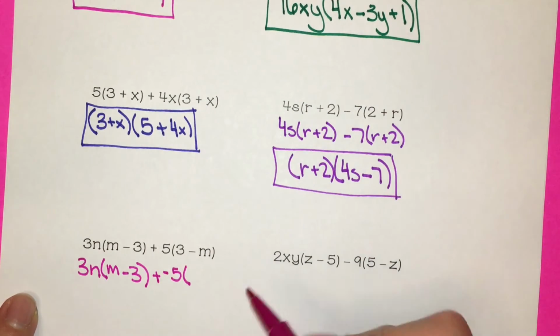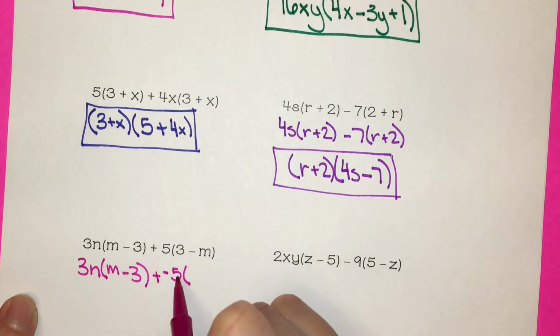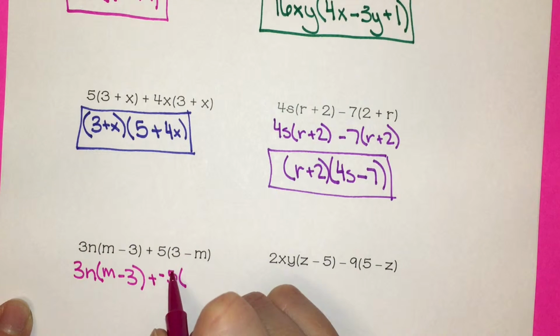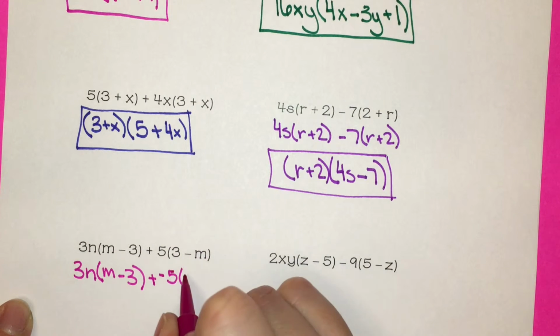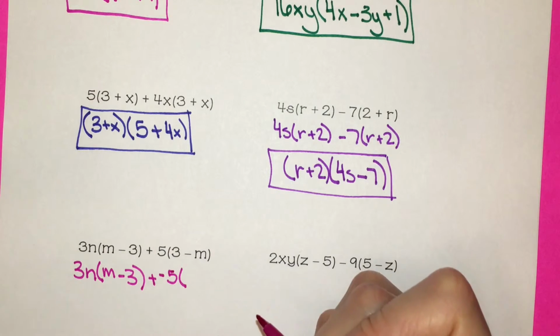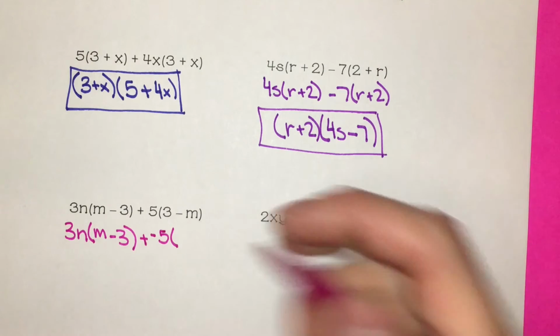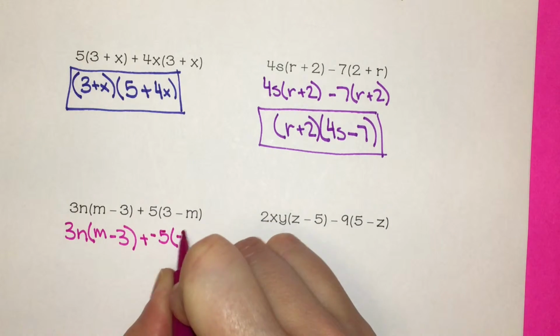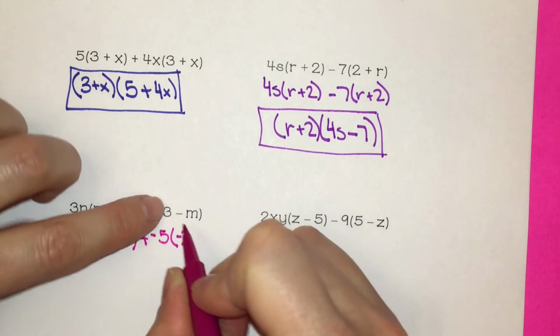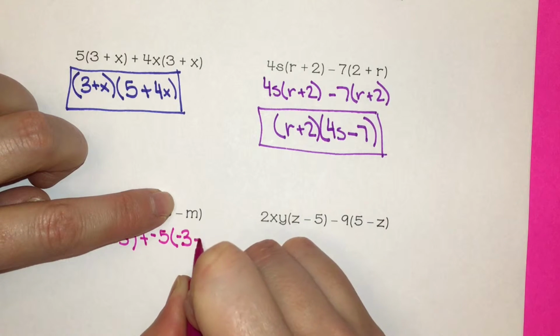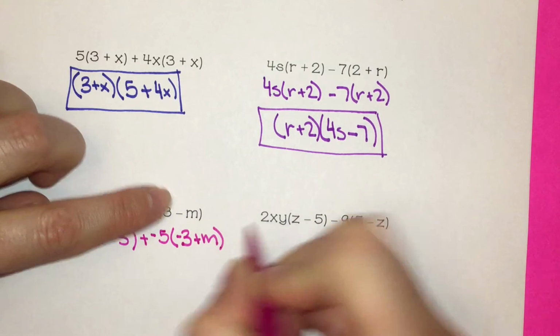So if I just factor out that negative, there's a 5 already out there. So 5 times negative 1 is negative 5. Okay. 3 divided by, because remember, to factor something out, you see what you can divide everything inside by. 3 divided by negative 1 is negative 3. Negative m divided by negative 1 is positive m.